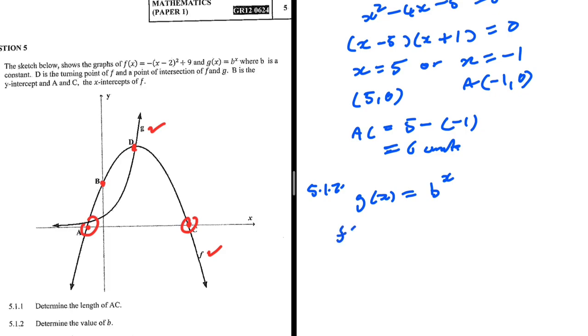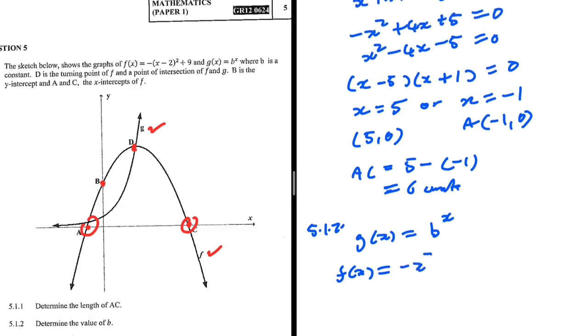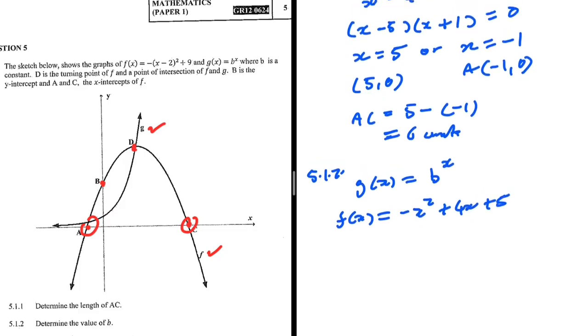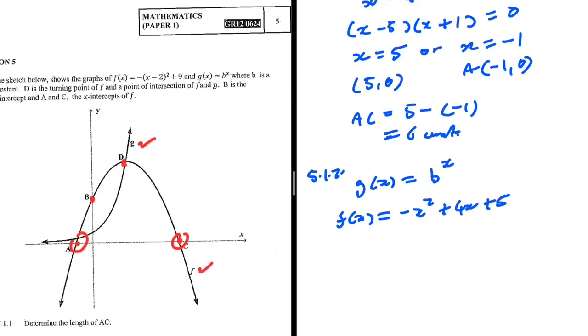Okay, we know that f of x is equal to minus x squared plus 4x plus 5. I think I'm more comfortable with this form, with that general format, compared to the other one.